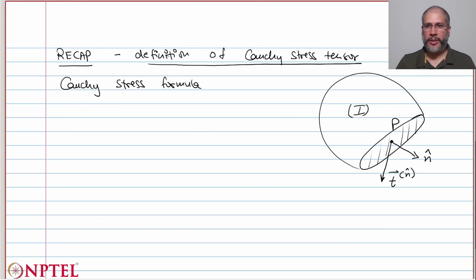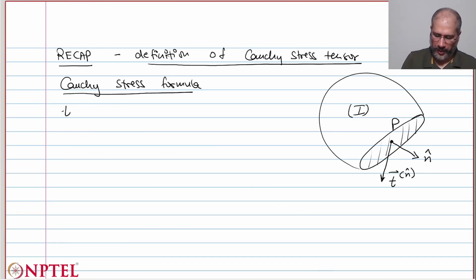So to define the state of stress using a finite amount of information, we developed the Cauchy stress formula, which states that the traction vector on an arbitrary cutting plane n hat can be written as a linear combination of traction vectors on coordinate planes like this.